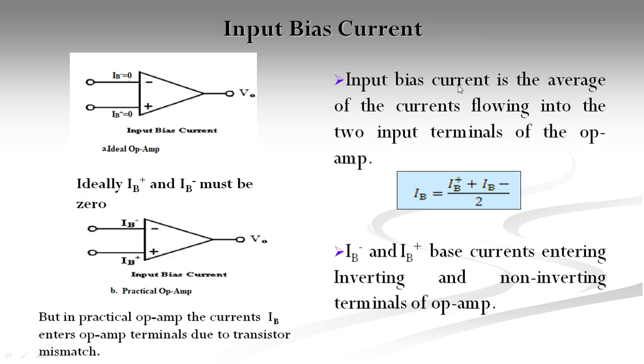So input bias current is nothing but the average of the currents flowing into the two input terminals of the op-amp for the practical case. So IB is written as IB plus plus IB minus divided by 2. Due to the presence of this input bias current IB in the circuit, we are going to get some amount of error voltage at the output, even if both the inputs are in a zero condition.